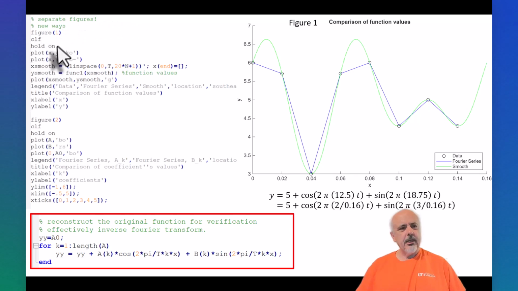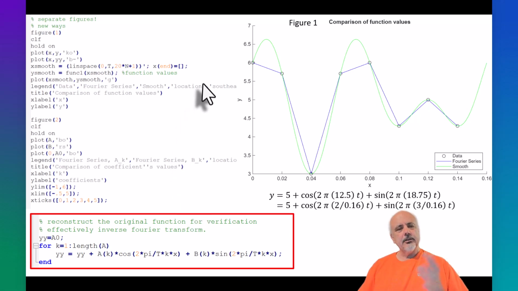So I did 2 figures. The first figure, I plotted the raw data, X and Y, and then I also plotted a blue line here that is going to be a YY. The YY is coming from taking the manipulated coefficients I got from the FFT and sort of projecting how that would look if I were to start with YY being A naught, and then I add the harmonic terms and see what that looks like.